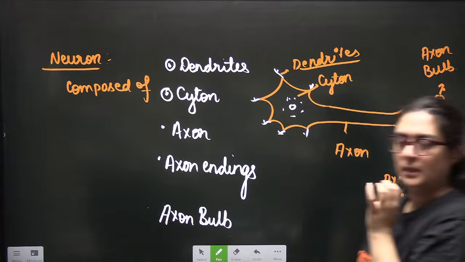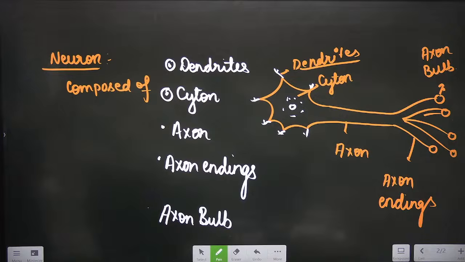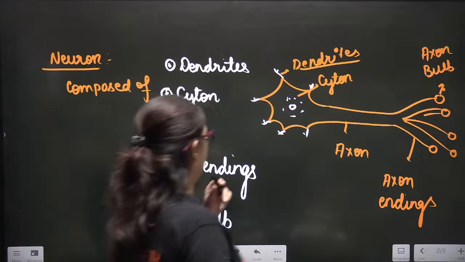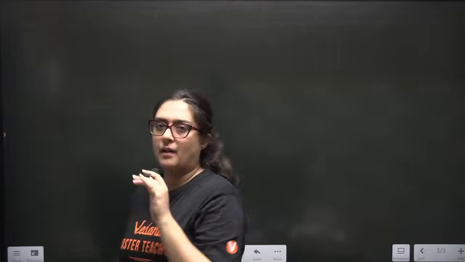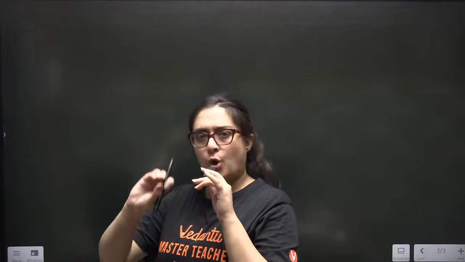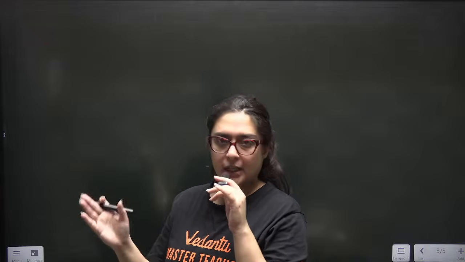Done. Is it clear? Now dendrites are the very small branched processes. Axon is a long elongated cylindrical but non branched process.